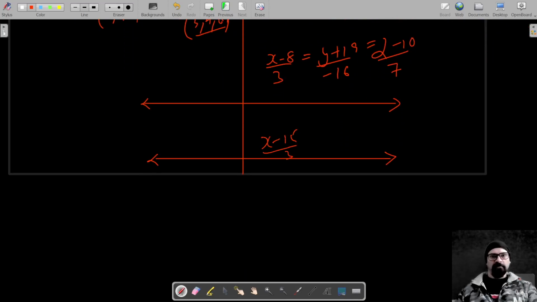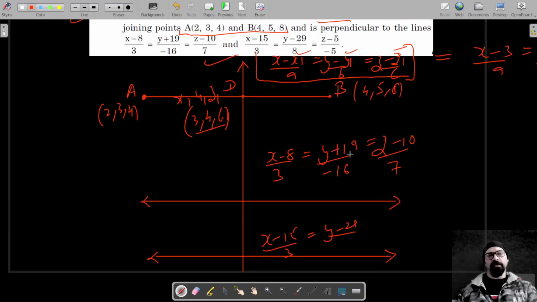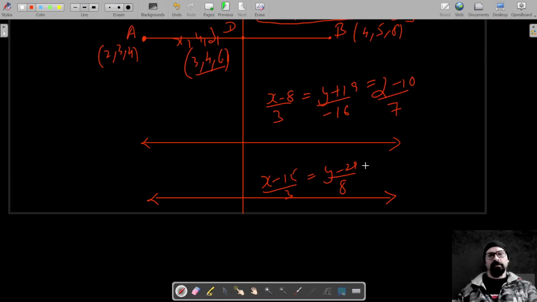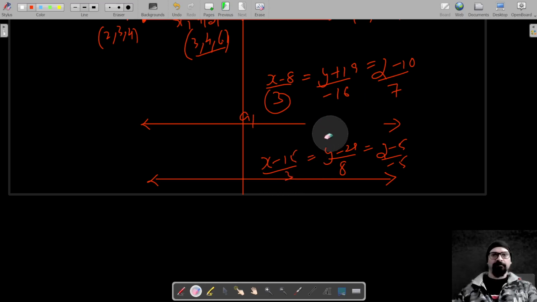The second line is (x - 15)/3 = (y - 29)/8 = (z - 5)/(-5). These are the direction ratios of the lines. Let's say this is a1, b1, c1, and these are a2, b2, c2.